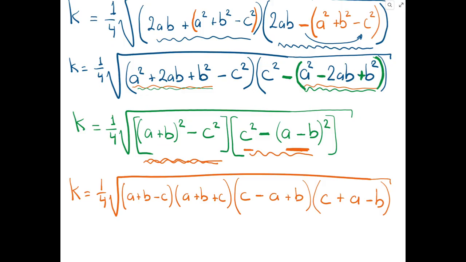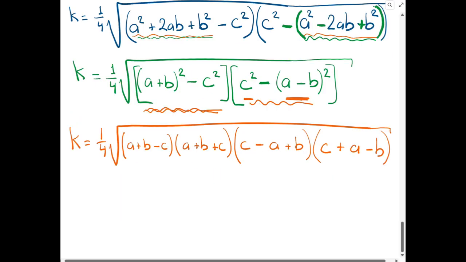Okay, I hope I didn't mess up here. So c plus a minus b, because I'm going to have the conjugate of that, and that negative will be distributed. So that changes here and there. Okay, I think I'm good to go. Good to go. You can pause the video and recheck if you're not quite convinced.